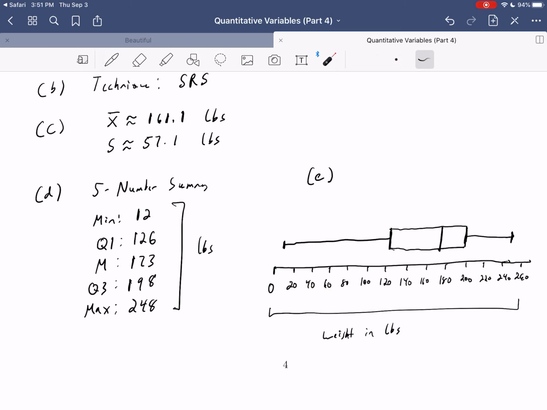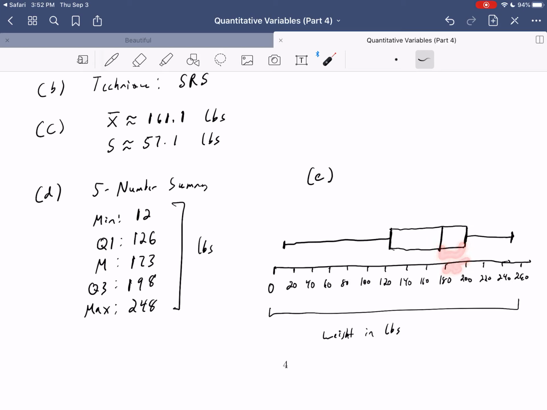What shape are we seeing there? Well, we'd focus on this right here. Notice that the left-hand side is much larger than the right-hand side. If you want to check that, you can measure 173 to 126 and 198 to 173 by subtraction. If we subtract 173 minus 126, you can see the distance between these is 47, whereas the distance between 198 and 173 is only 25.